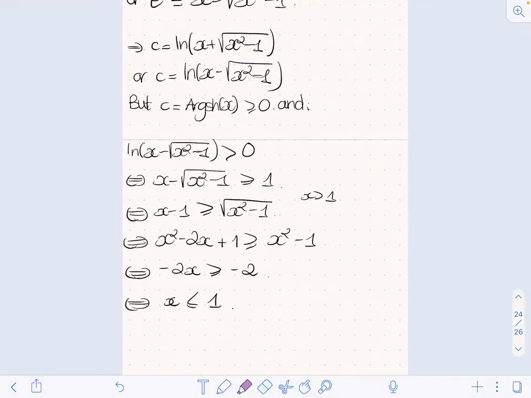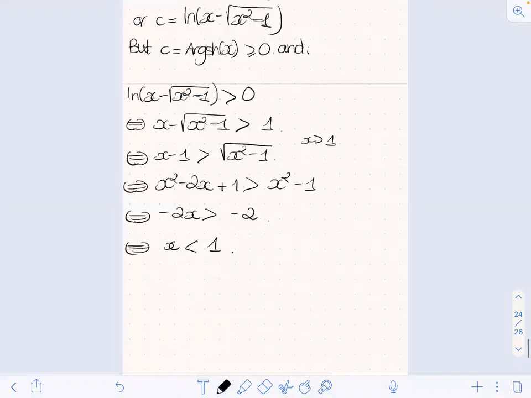So what issue do we get in this setting? The x is between 1 and plus infinity. So yeah, absolutely. It can be smaller than 1.